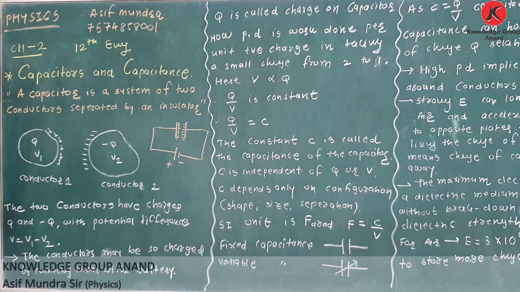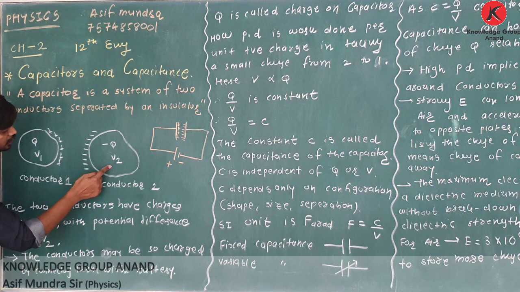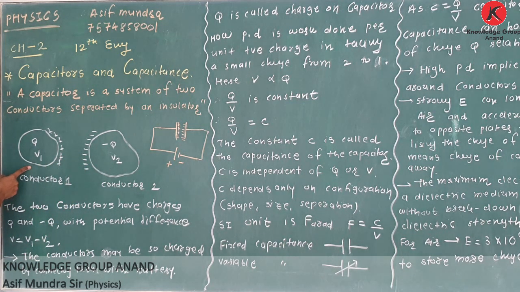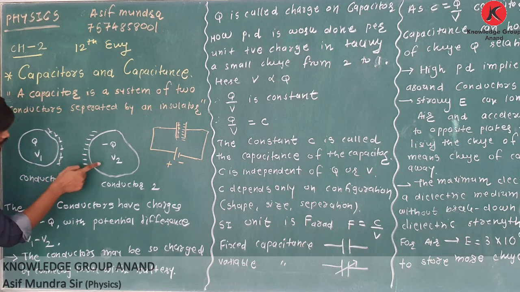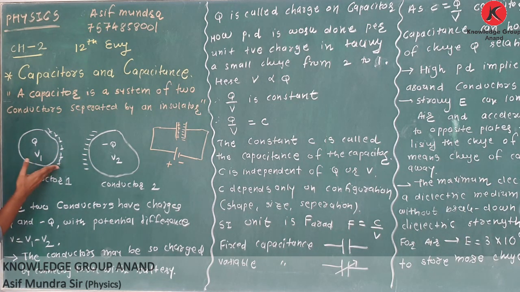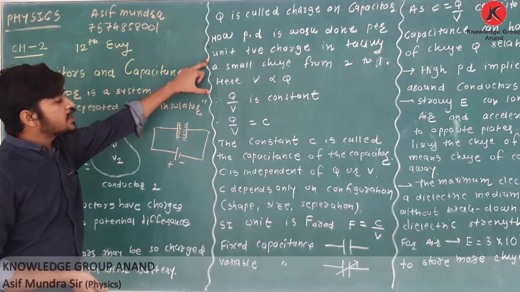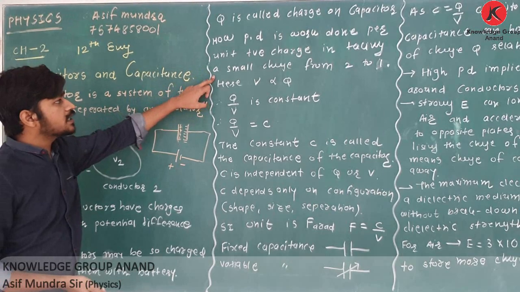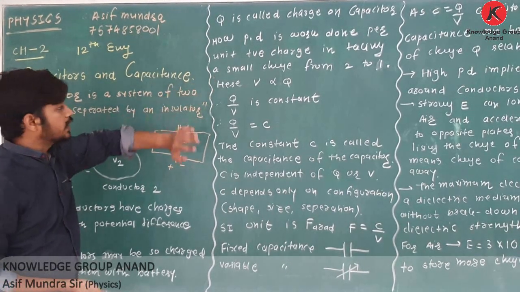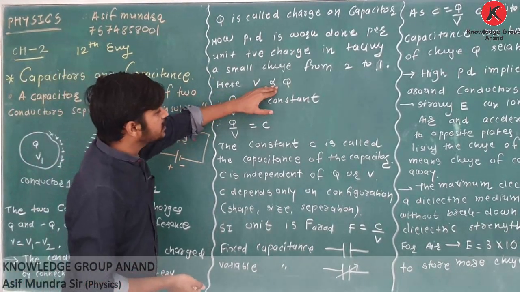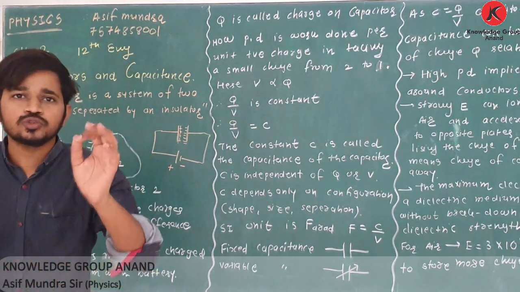Now in this case, if we want to bring a unit positive charge from conductor 2 to conductor 1, due to repulsive force, it will not move by itself. We have to do some work. Then, potential difference is the work done per unit positive charge in taking a small charge from 2 to 1, and therefore the potential difference is directly proportional to charge.